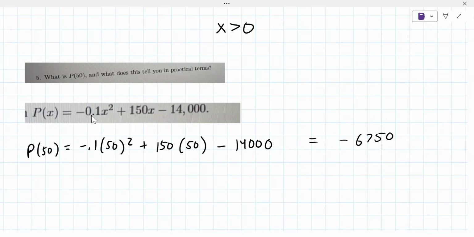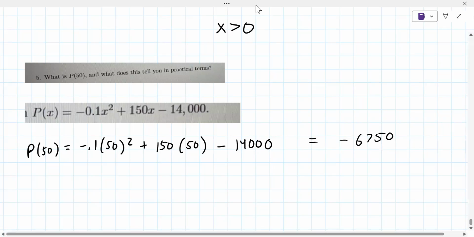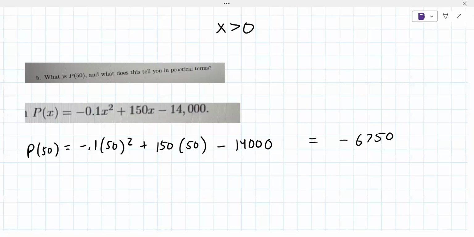Can you explain how you got that? Because I keep getting 5850. All right, let's go through it piece by piece. Are you doing it all at once or piece by piece? I try to do it piece by piece. Okay. So 50 squared is 2,500.